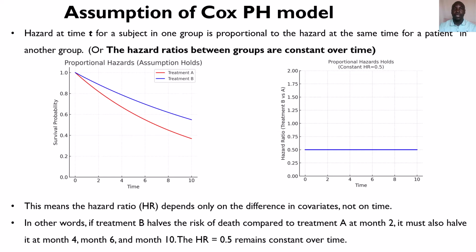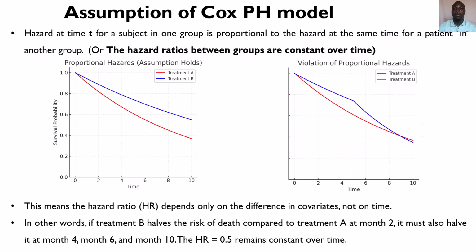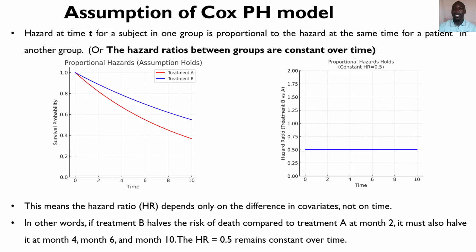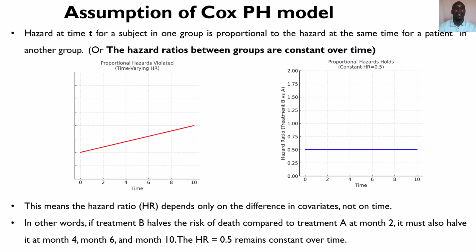If the assumption is violated, instead of having a graph like the one on the left, we could have a graph that looks like this. Or in terms of hazard ratios, we would have a graph that shows the hazard ratio either linearly increases or reduces. That would be a violation of this assumption, and hence you cannot use the Cox regression. You would prefer the extended Cox that we shall be covering in subsequent episodes.